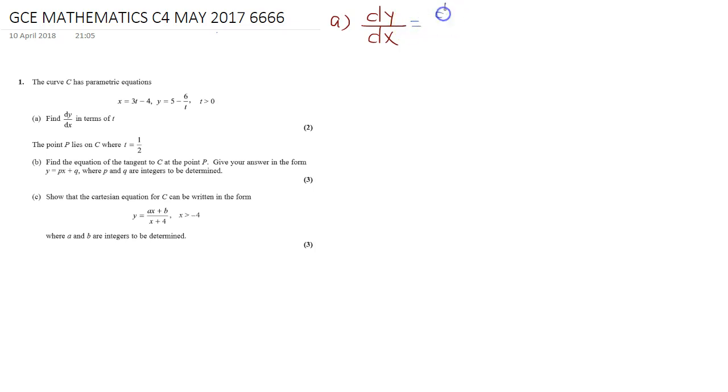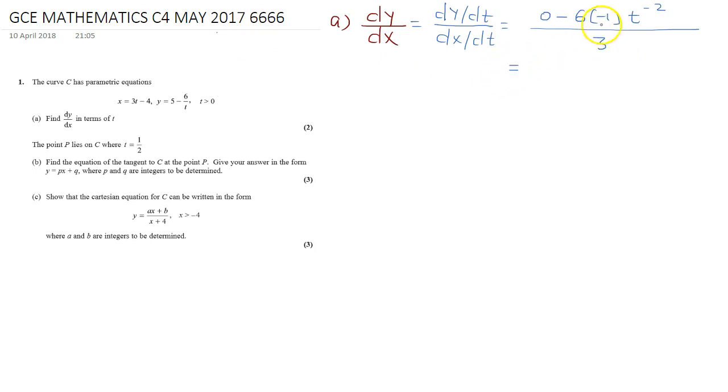So dy over dx is dy over dt divided by dx over dt, because these are parametric equations. For y, the differential of 5 is 0, minus 6 t to the power minus 1 gives plus 6 t to the power minus 2, and the differential of 3t minus 4 with respect to t is just 3.